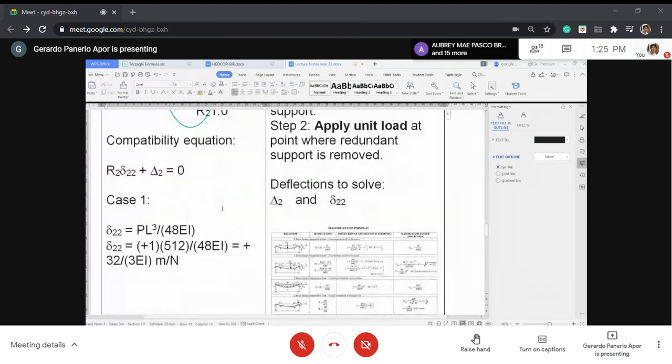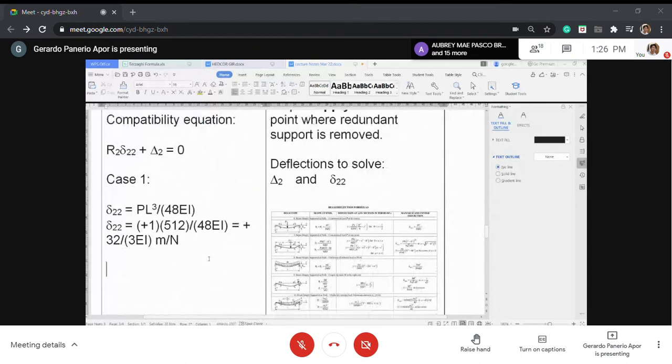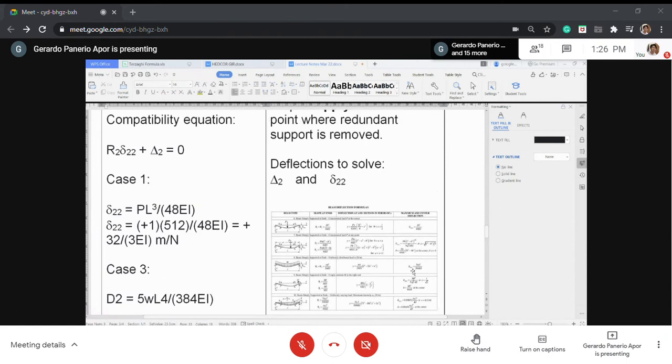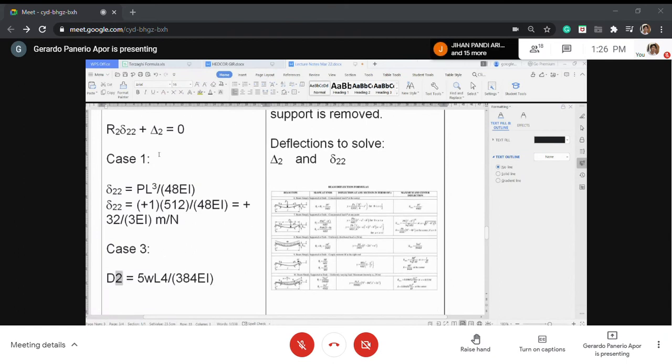1 naman yun. So, ang next case, we have case 3. Okay, case 3. So, we have delta 2 is equals to, ang maximum deflection niya is 5W L fourth over 384 EI. So, muna, ang dito, correspond to the maximum, no? So, this will become a subscript.